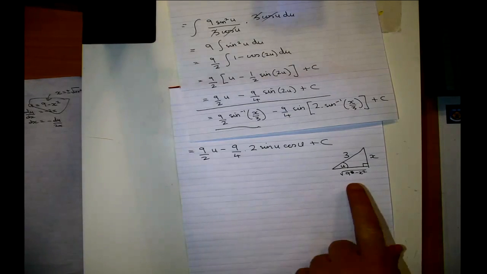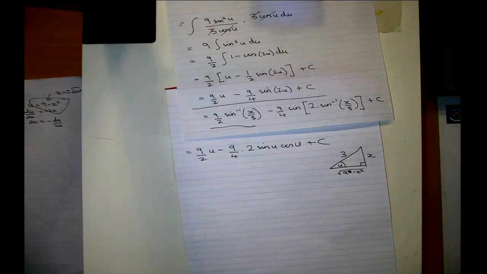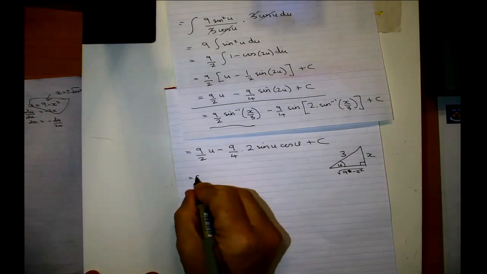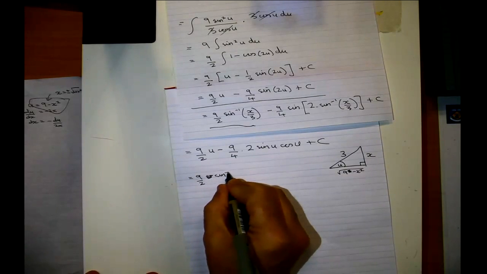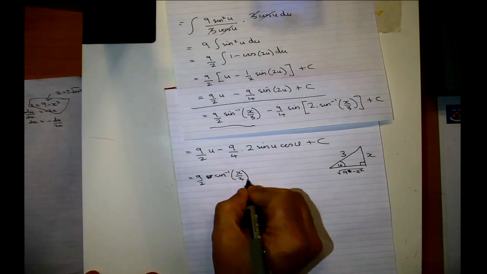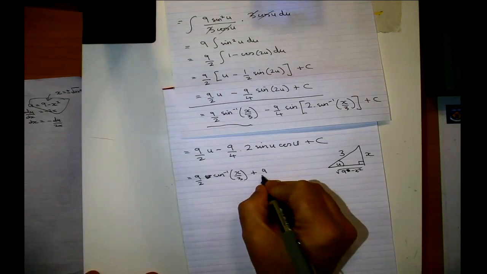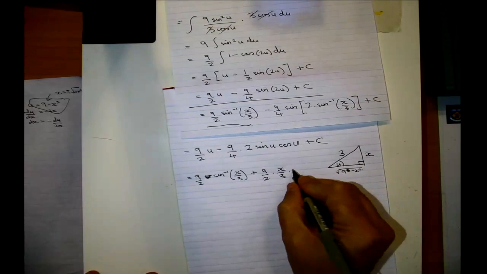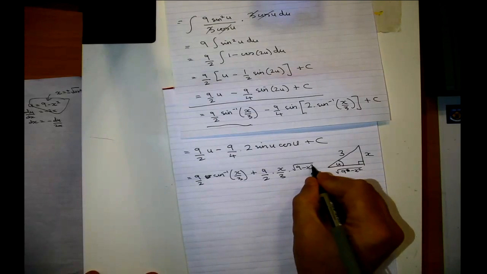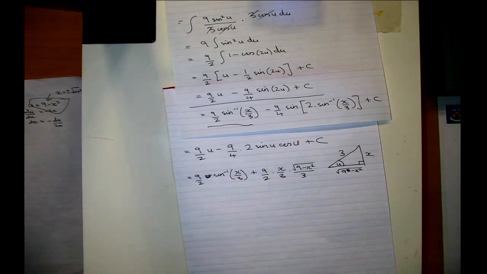Now from this, I can figure out what sine of u and cos of u are. So then I can say, this is 9 on 2, sine of u is x on 3, cos of u is the square root of, and then just clean it up.